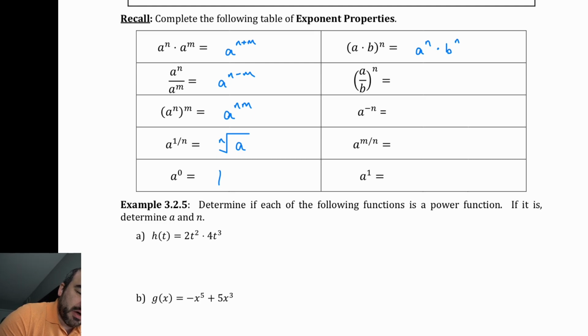If we have an exponent on a fraction, we can place the exponent on the numerator and denominator separately. A negative exponent, a to the negative n, will make the term its reciprocal, so 1 over a to the n. In other words, it will move the term to the denominator if you have a negative exponent.